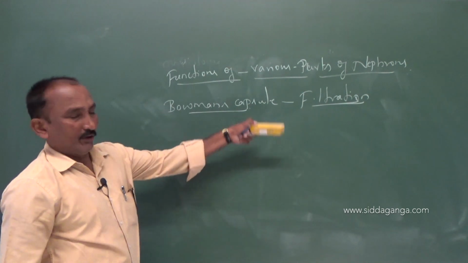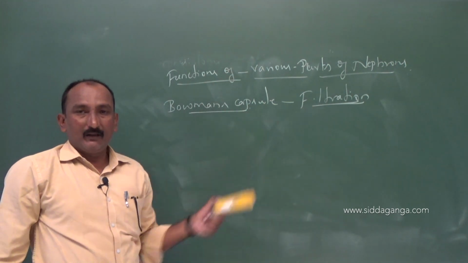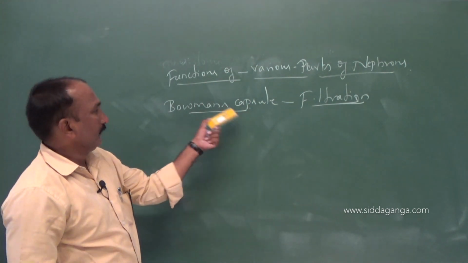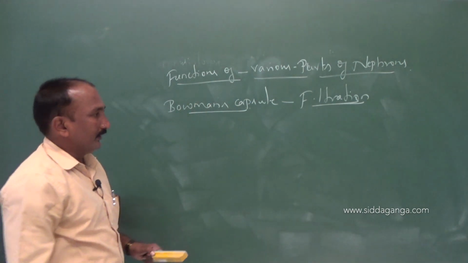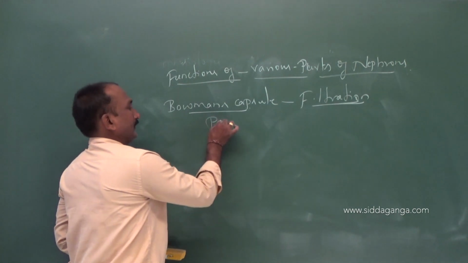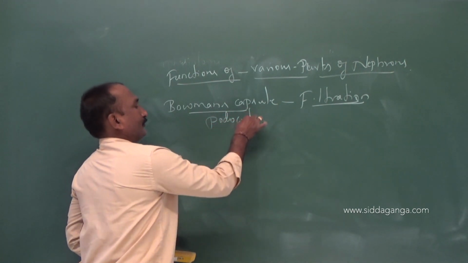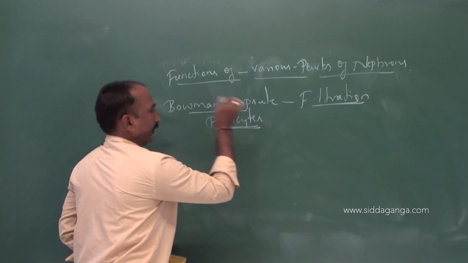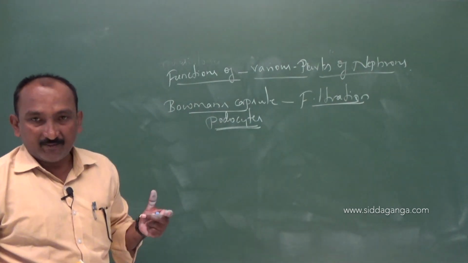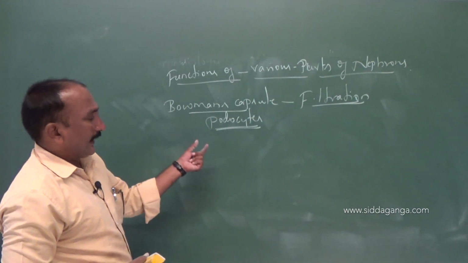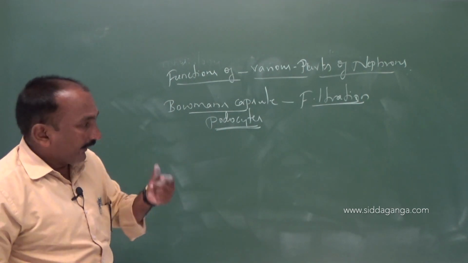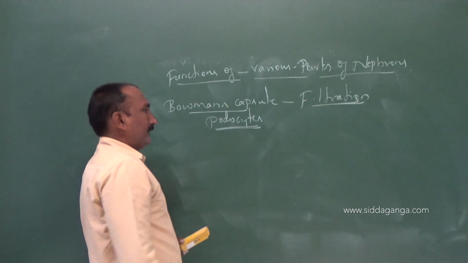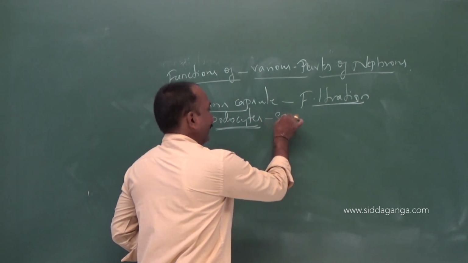The filtration occurs across the endothelium of blood vessels, the basement membrane, and the Bowman's capsule lined with epithelial cells. Those epithelial cells are called podocytes. The podocytes are arranged in an intricate manner, tightly, with minute spaces.